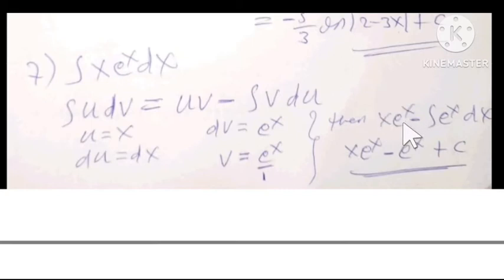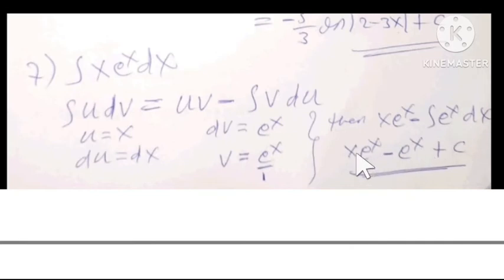Then simply substitute in this property: u times v, u is x, v is e to the power of x, so x times e to the power of x, minus integral of v, which is e to the power of x, dx.